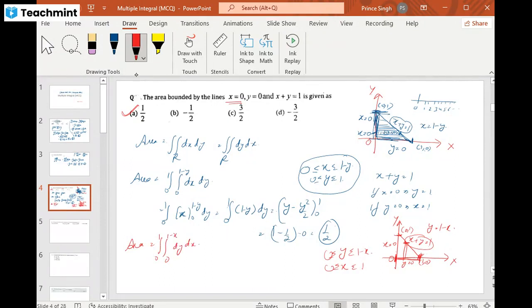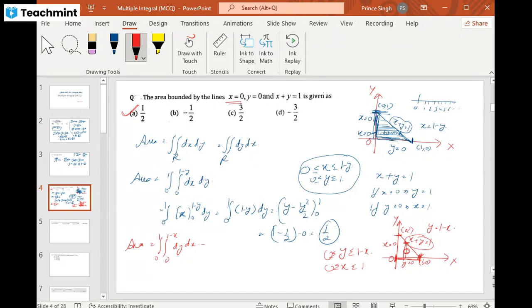Because if we firstly move vertically, it means we are firstly going to integrate with respect to y. And why are we treating x as a constant? Like I told you, firstly I considered a small piece of rectangle here, and I move vertically, meaning I fix the value of x when we are moving vertically. So that's the reason when we are integrating with respect to one variable, we are treating the other variable as a constant during that time.